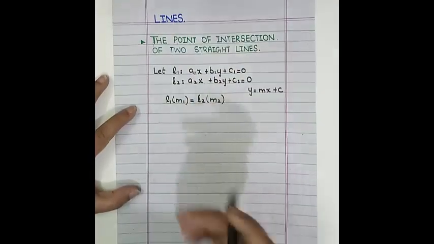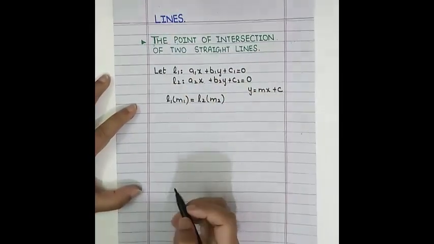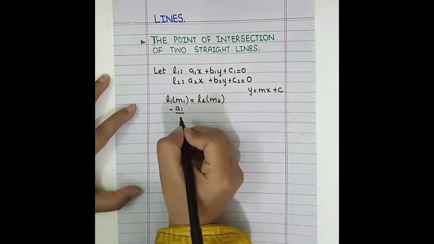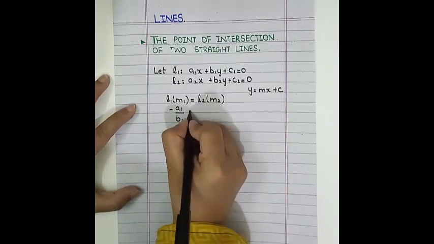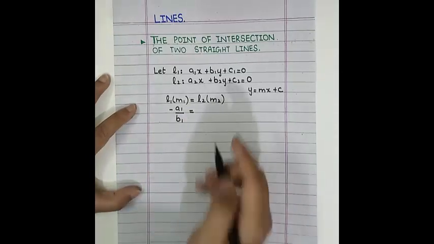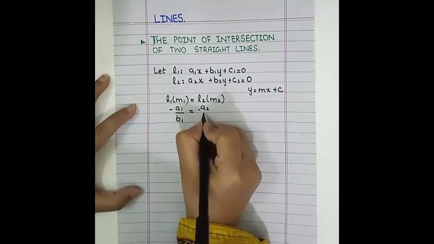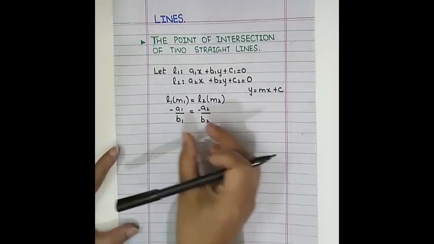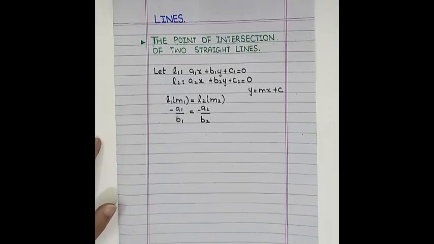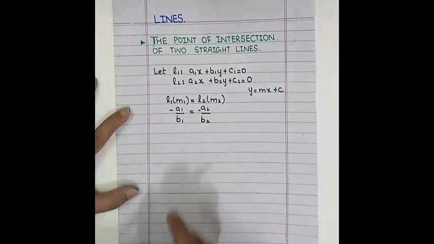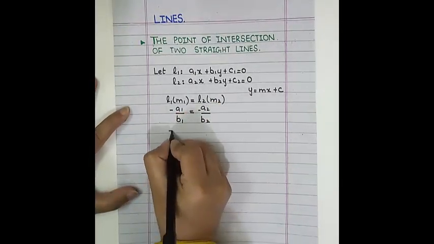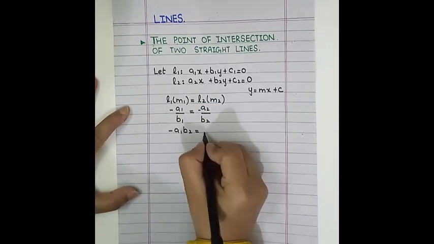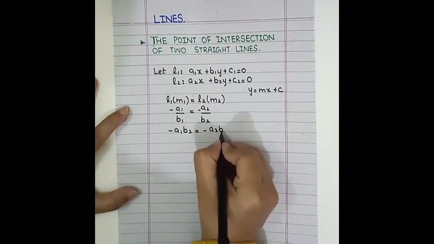So from there we infer that the slope of this line, M1, is minus A1 divided by B1. It is equal to minus A2 divided by B2. So this is the slope for line L1 and this is the slope for line L2. Solving this equation by cross multiplication, we have minus A1 B2 is equal to minus A2 B1.